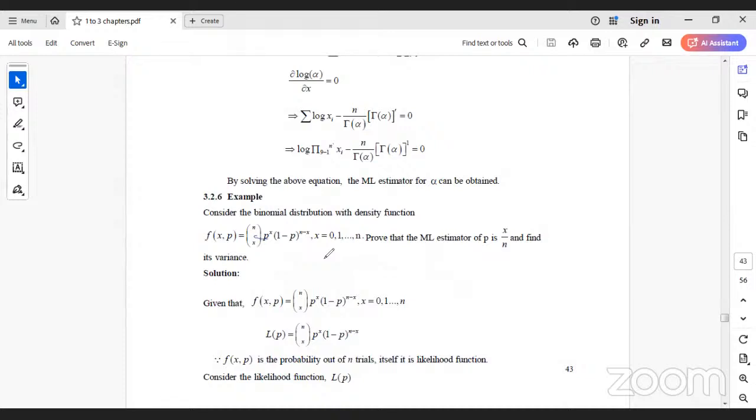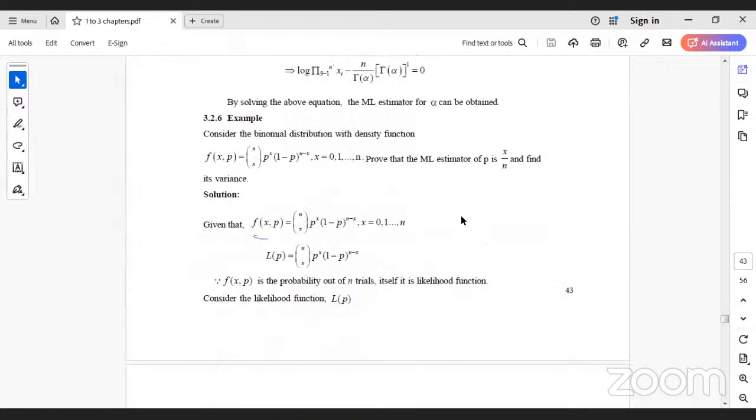Therefore, f(x, p) = nCx p^x (1 minus p)^(n minus x), where x is equal to 0, 1, 2, 3, 4 and so on up to n. L(p) is equal to nCx p^x (1 minus p)^(n minus x), the probability out of n trials, which is the likelihood function.